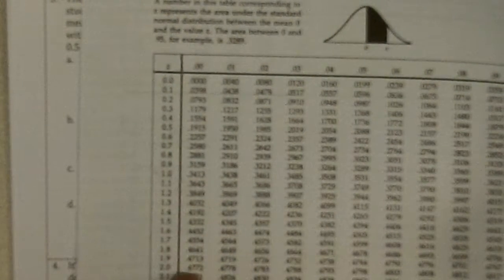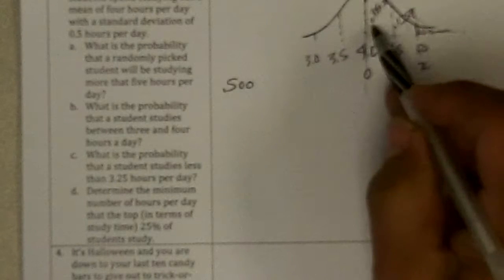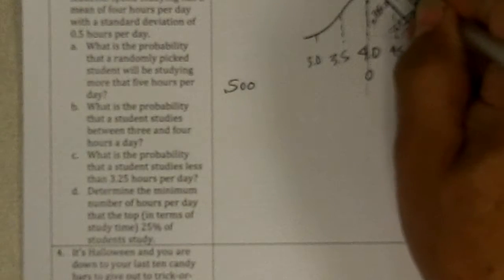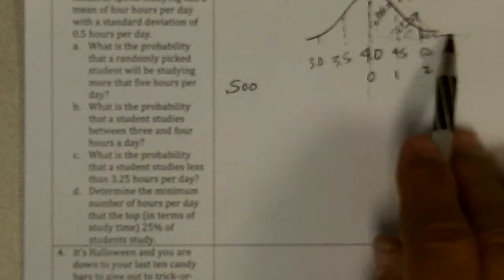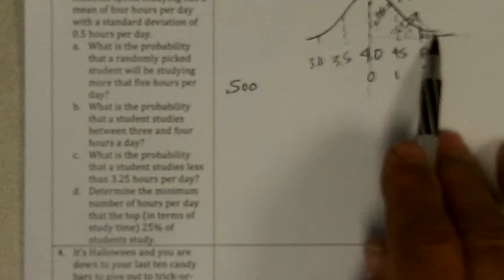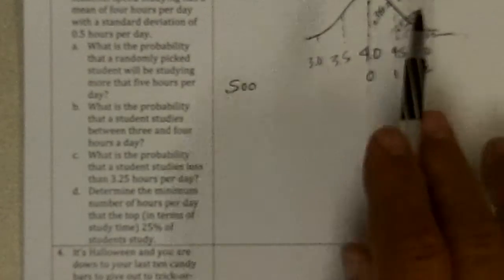And if you go clear out to 2, you get 0.4772. That's what these first 2 add up to be, 0.4772. And so we want more than 5 hours, so that would be what's left.